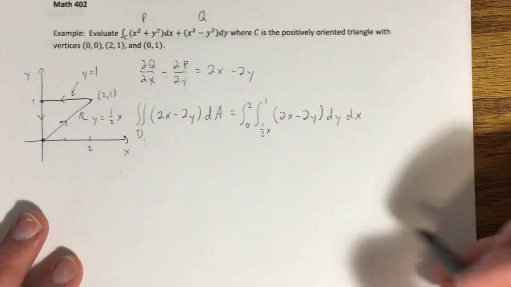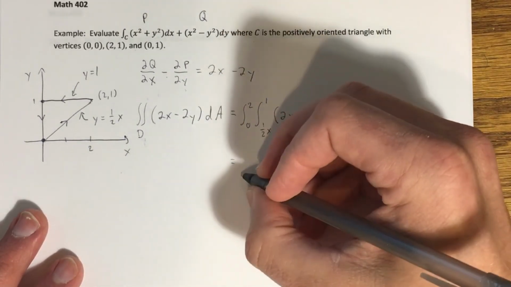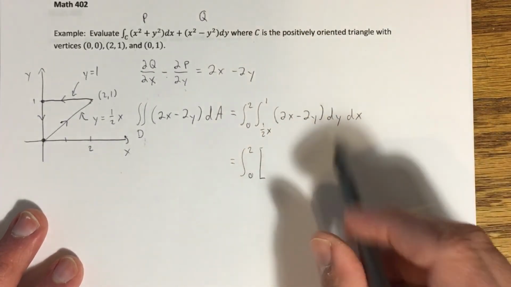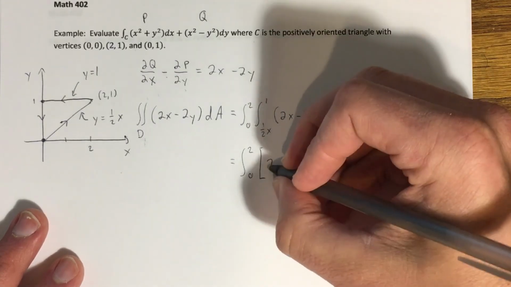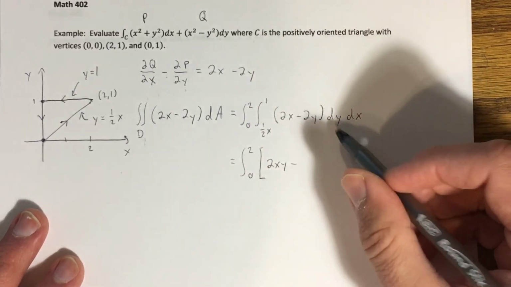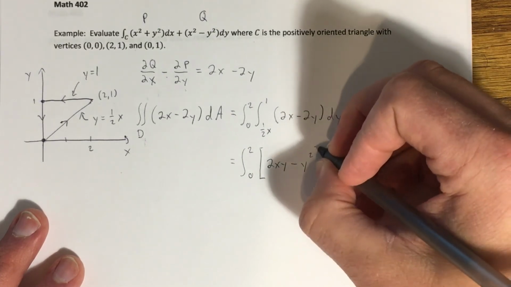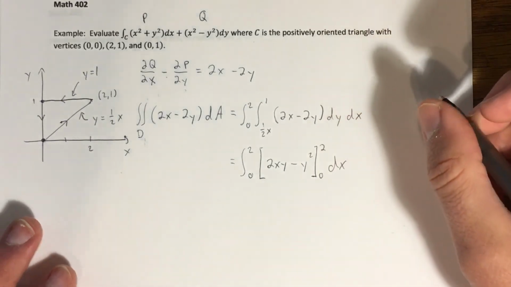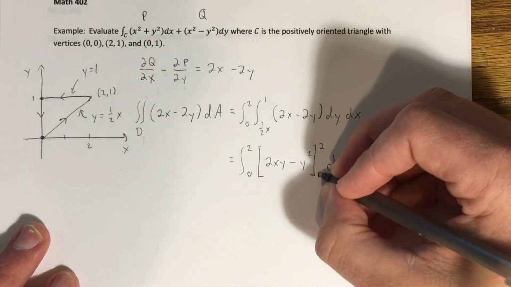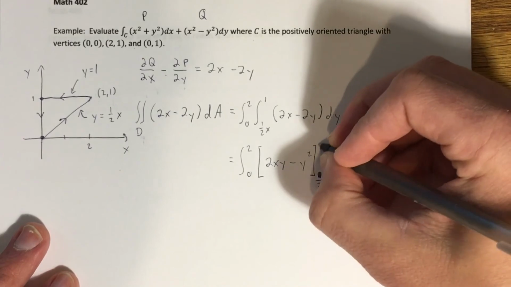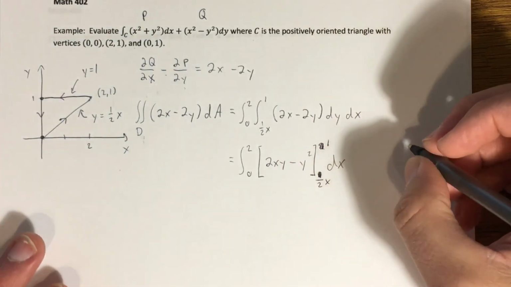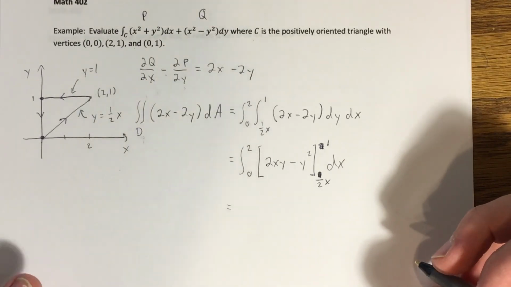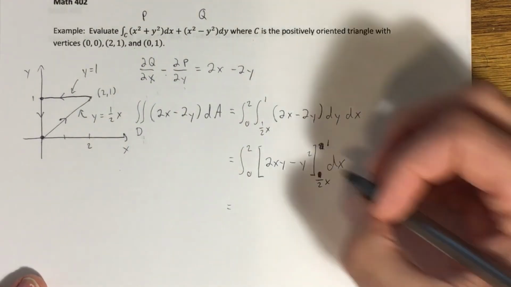Okay, this isn't that bad to integrate, like I said, so this is going to become the integral from 0 to 2. And we're integrating with respect to y first, so I'm going to get a 2xy right there, minus y squared. Oh, no, sorry. Wrong limits of integration. That should be 1/2 x to 1 right there. Okay. And then, let's see, what do we end up with for this?